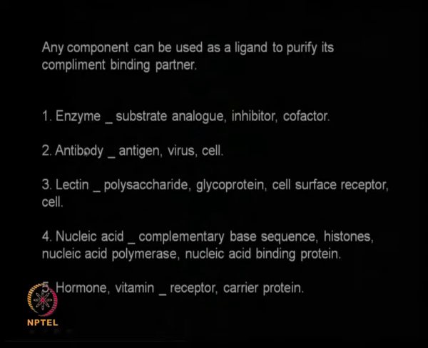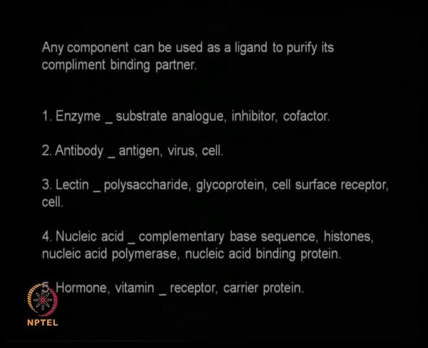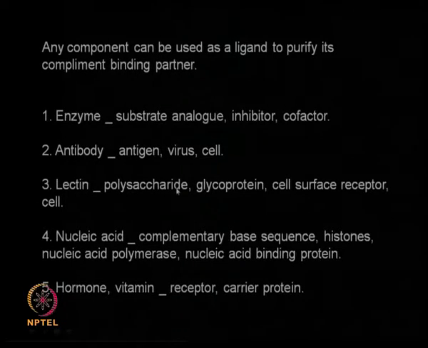Only that particular virus will get captured by this antibody. So I want to purify here an intracellular material, but I want to remove the virus. So we can use affinity chromatography. You can have a lectin, a polysaccharide or glycoprotein, or the cell surface receptor or cell.